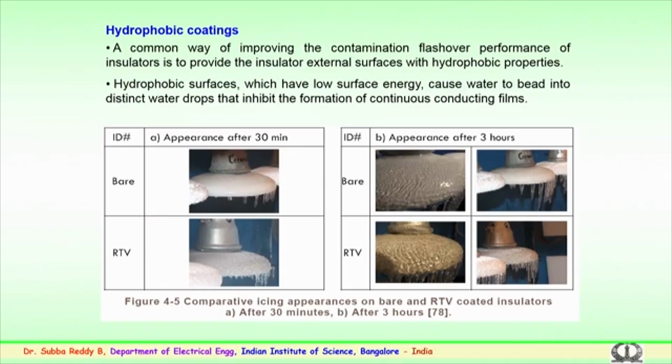For a bare insulator, this is a room temperature vulcanized coating which has been applied, and this is without the coating. The appearance after 30 minutes is given here. Again, this has been taken from the Segre brochure shown at the start of this talk. The appearance after 3 hours shows how the coated insulator performs compared to the bare insulator, where you can see the better performance.